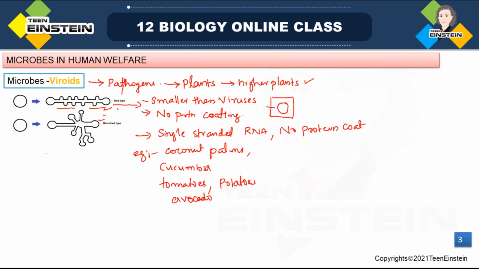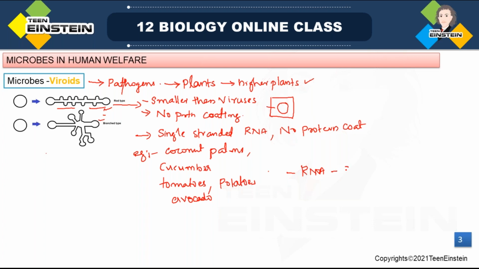Then we said these viroids have RNA, and they infect only plants, as we have told. It is a single-stranded RNA, not double stranded.